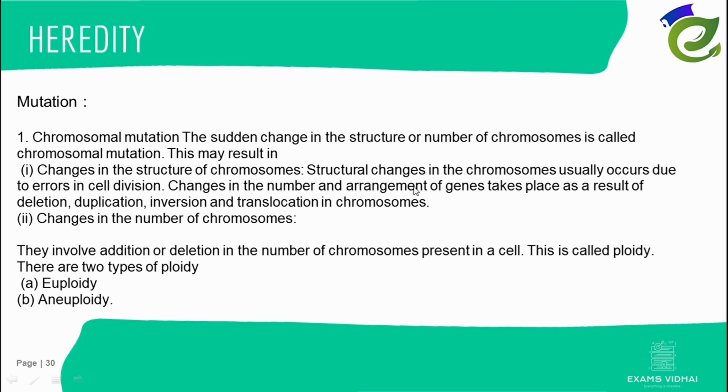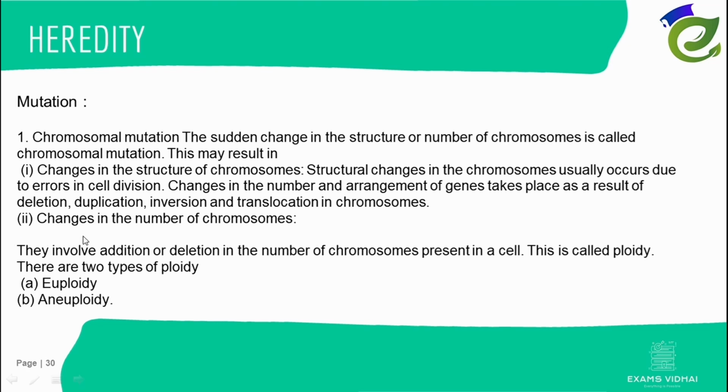Changes in the number and arrangement of genes take place as a result of deletion, duplication, inversion, and translocation in chromosomes. We have seen this before. So these are due to the change in structure of chromosomes.